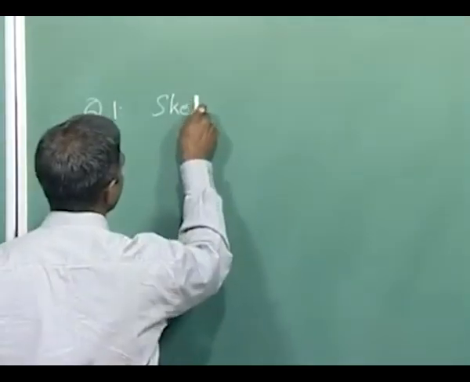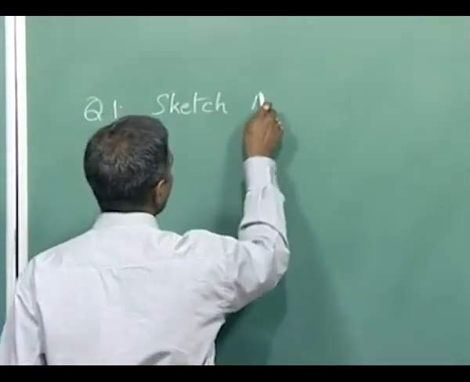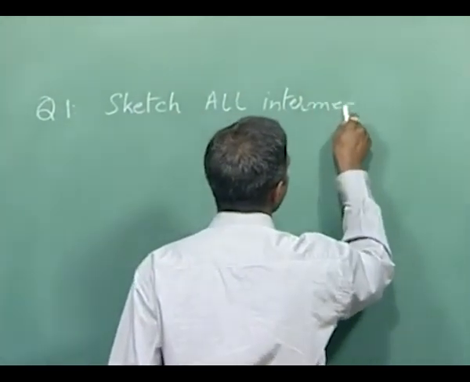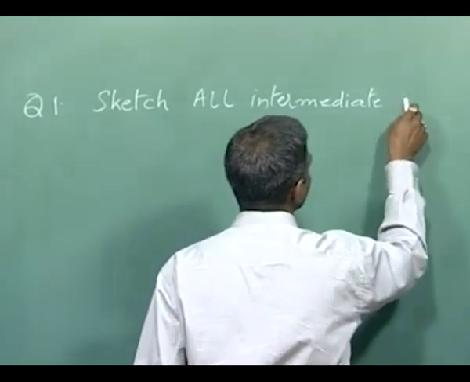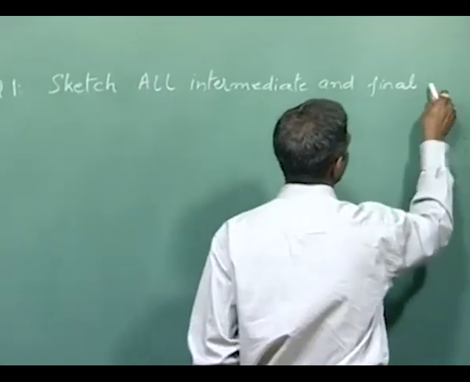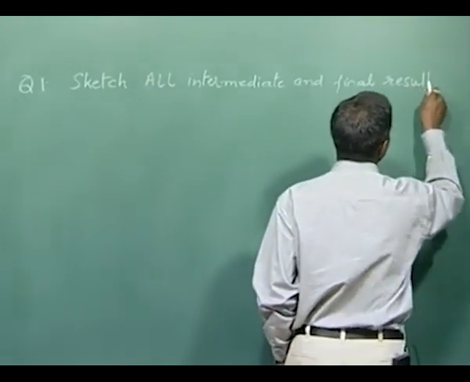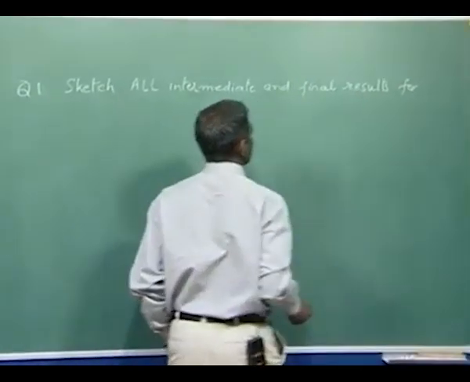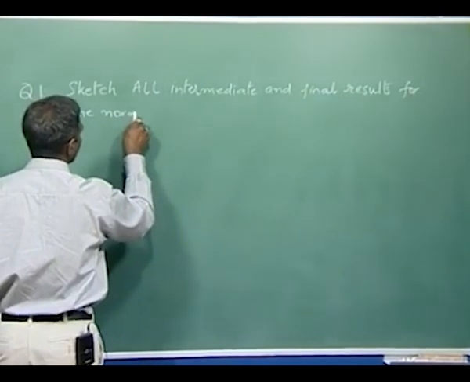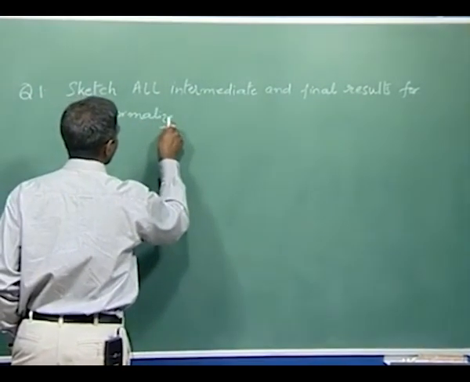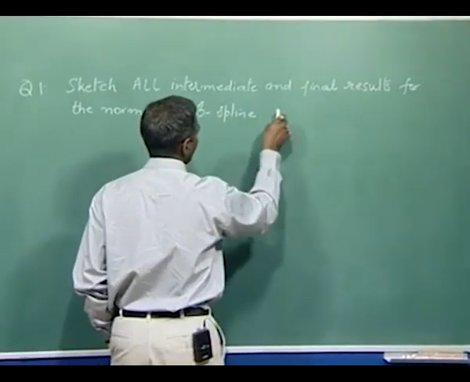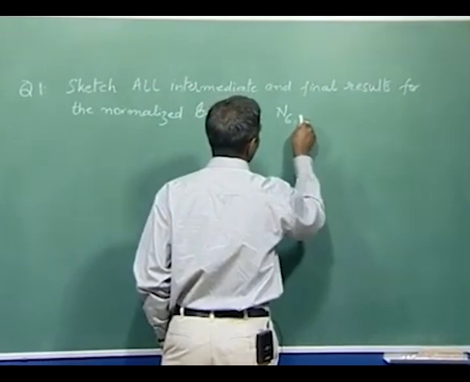Sketch all intermediate and final results for the normalized spline N6i of t.